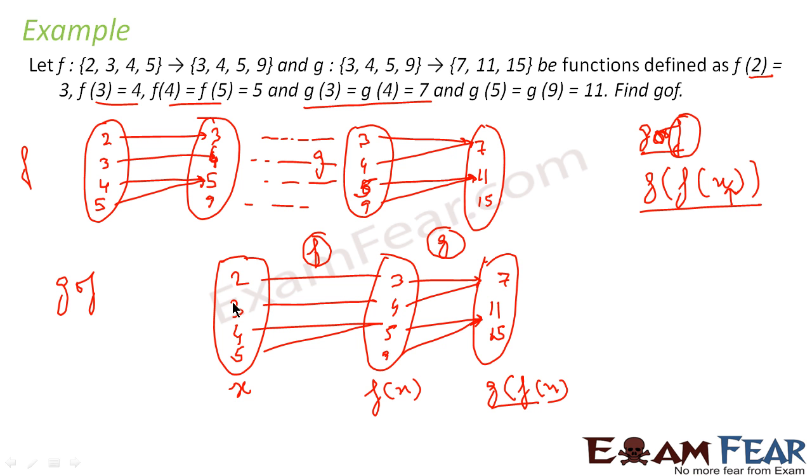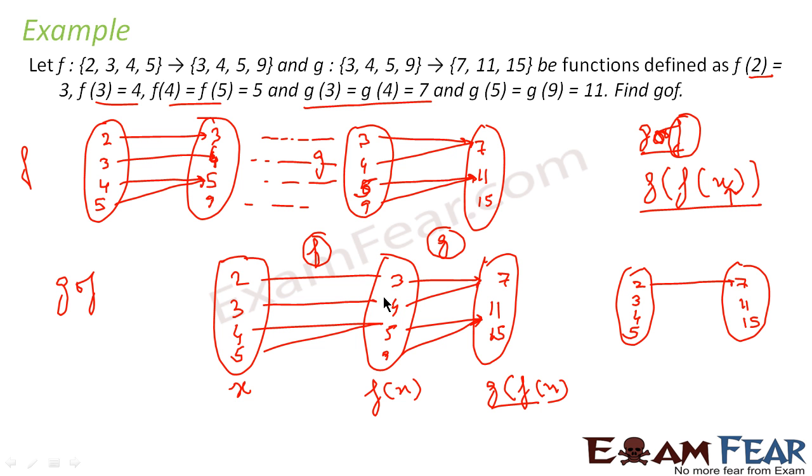Now if you view the whole system as one system, ignoring this part, you have input as 2, 3, 4, 5 only, and you have output as 7, 11, 15. Now if you give input as 2, you get 3. Again you give 3 as the input to this g function, you get output 7. So 2 becomes 7.